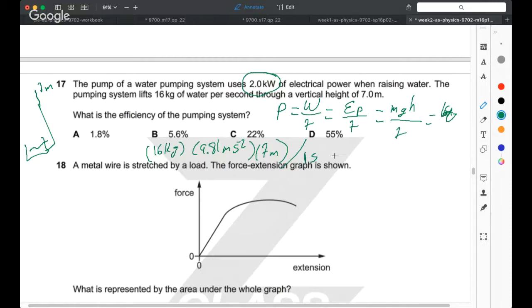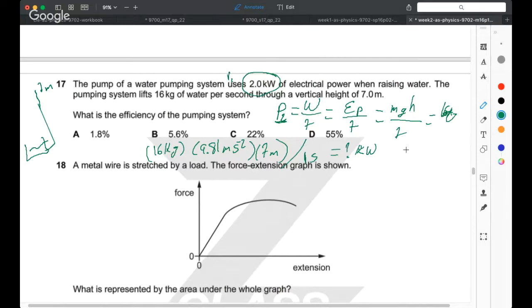And it will give you a value of power, in watts, and you just convert it to kilowatts. This value of power we call power 2, and this is power 1.